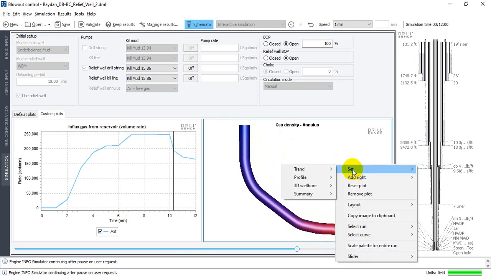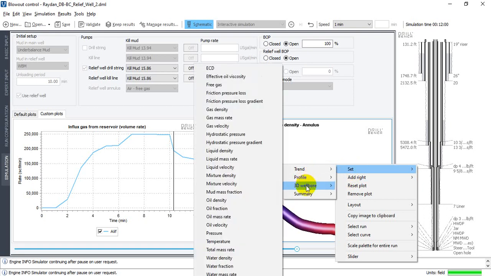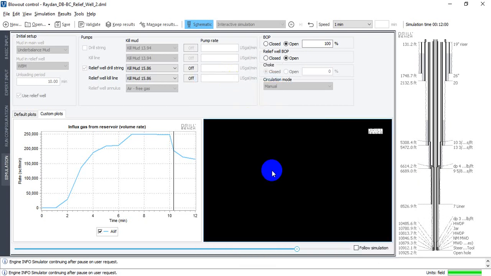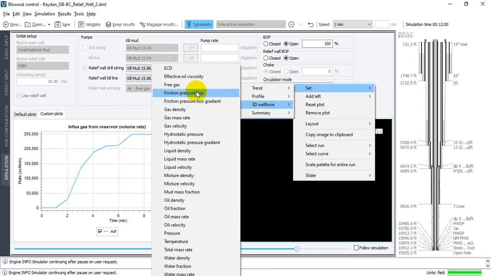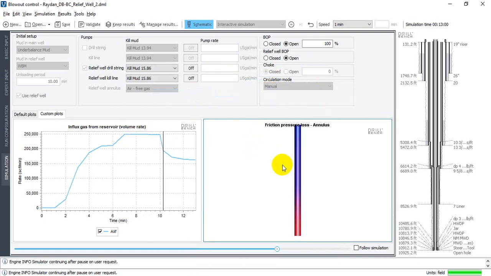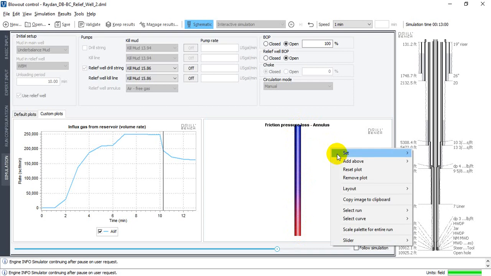We can set or change the 3D, for example, effective oil viscosity, friction pressure losses at annulus. We have the losses at the annulus more than at the bottom in the reservoir, and it decreases to the head or wellhead.